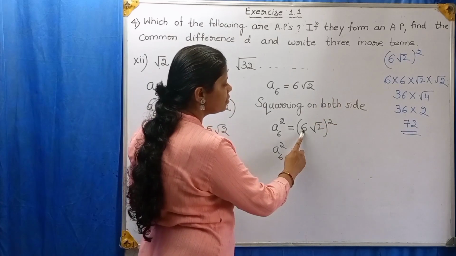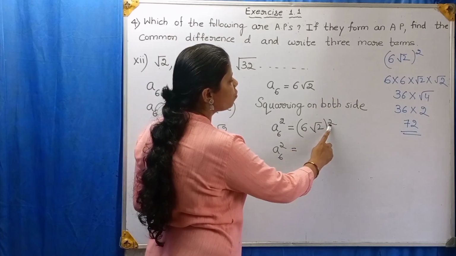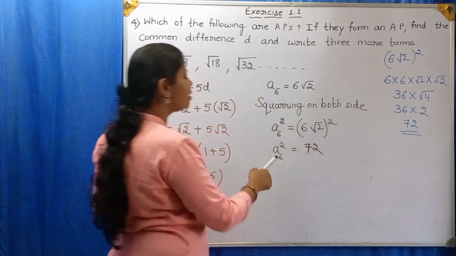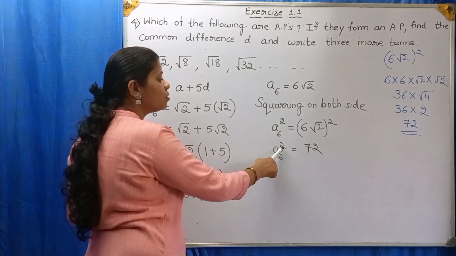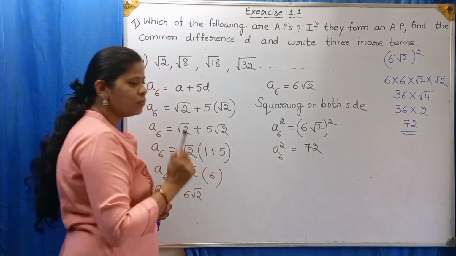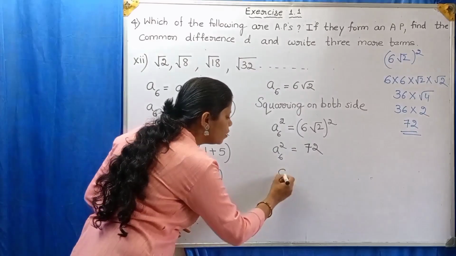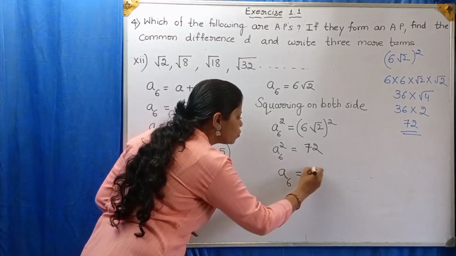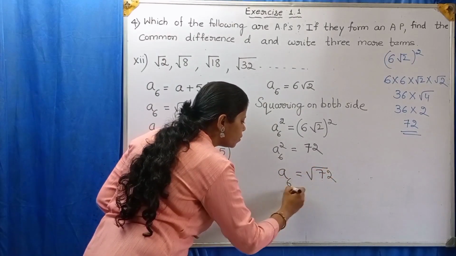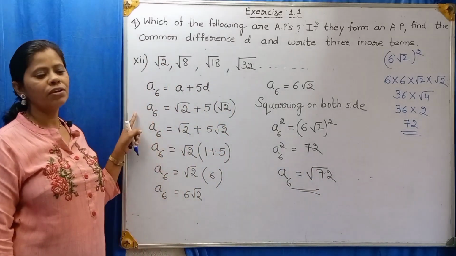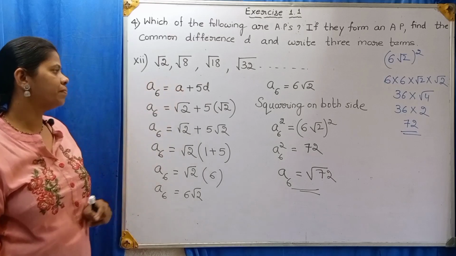Now, a6 the whole square is 72. But we must know the value of a6. Therefore, a6 is equal to square root of 72. Now, let us find out the value of a7.